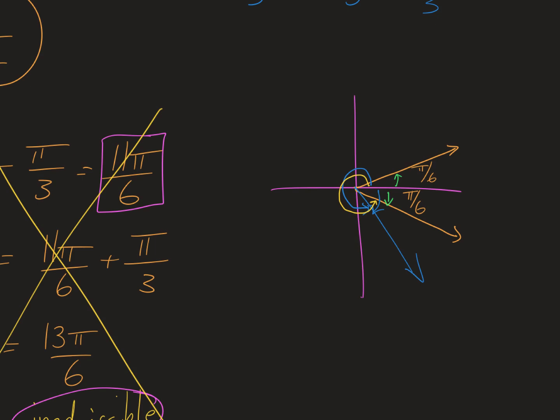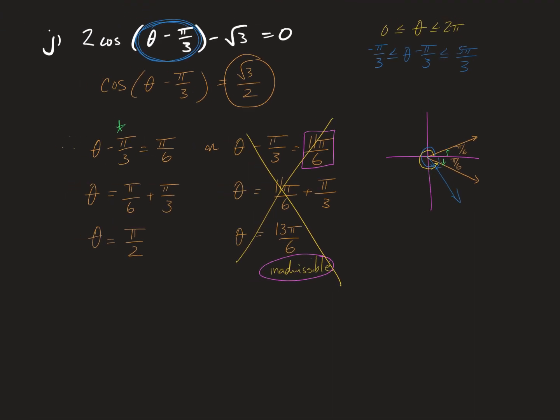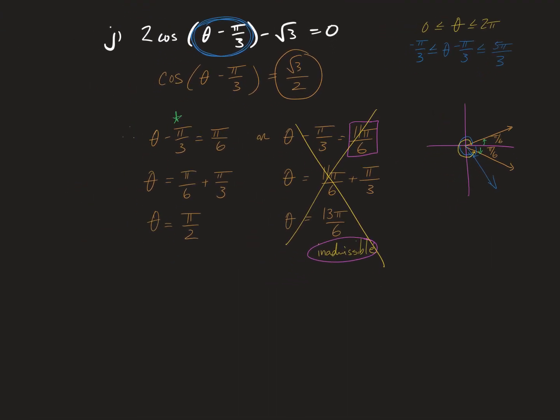Notice that me rotating negative pi by 6 fits within my restriction of negative pi by 3. So if I zoom out now, my other solution ends up being my green solution. That theta minus pi by 3 could equal a negative pi by 6.